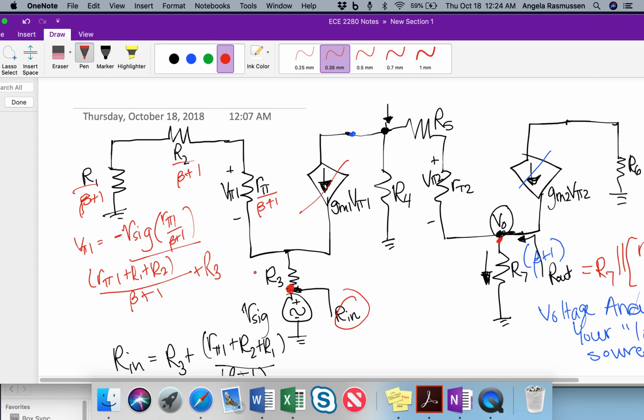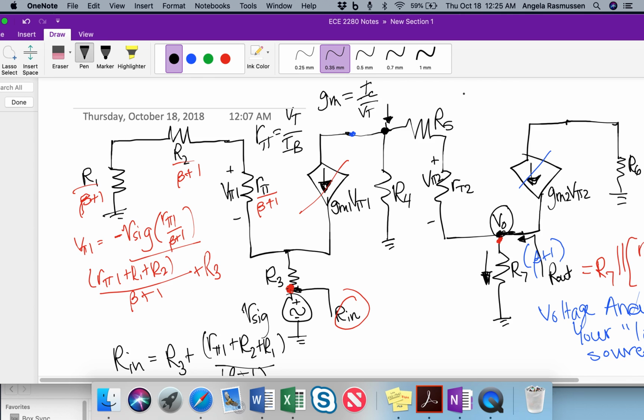So those would be our equations, and with the known values of the resistances, and then R pi and beta and gm are gotten from the DC analysis, where you can find R pi is equal to VT over IB, so V over R, and gm is IC over VT.